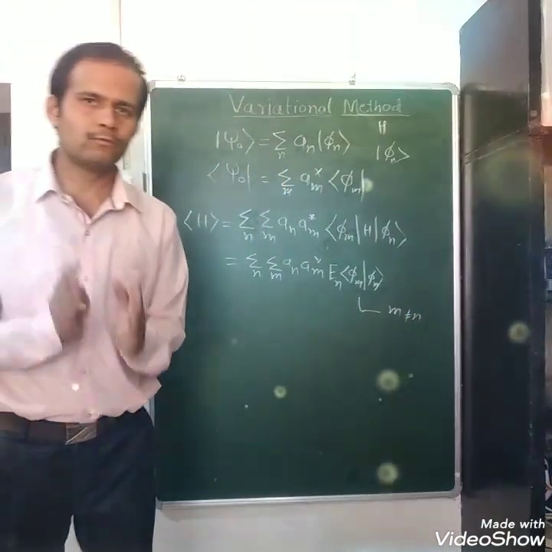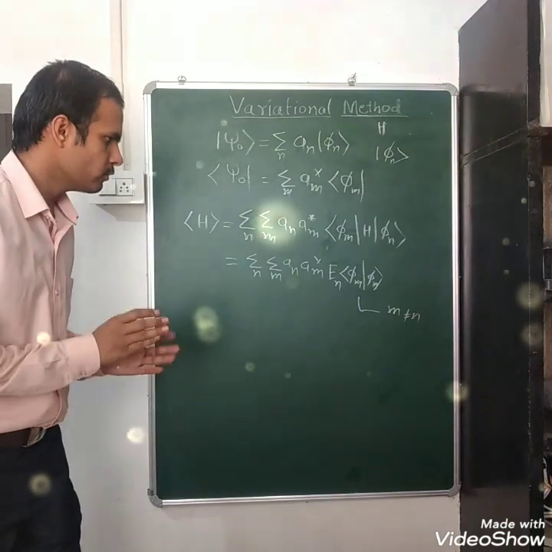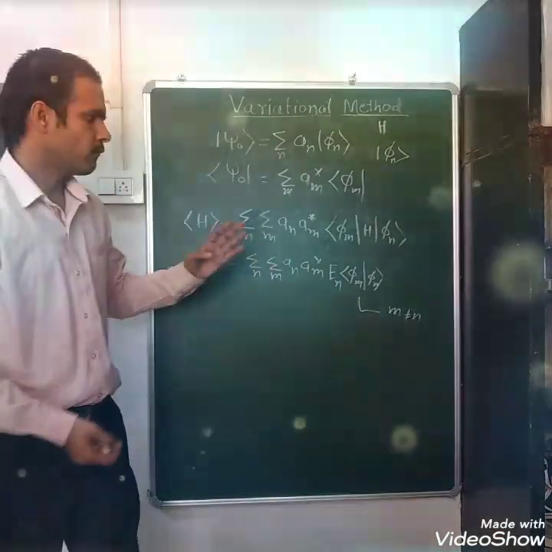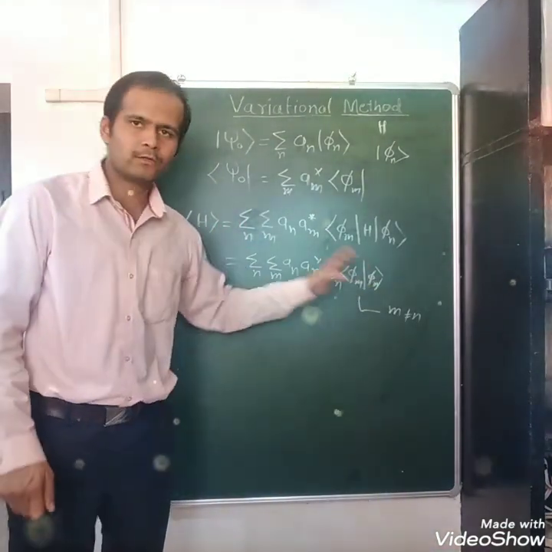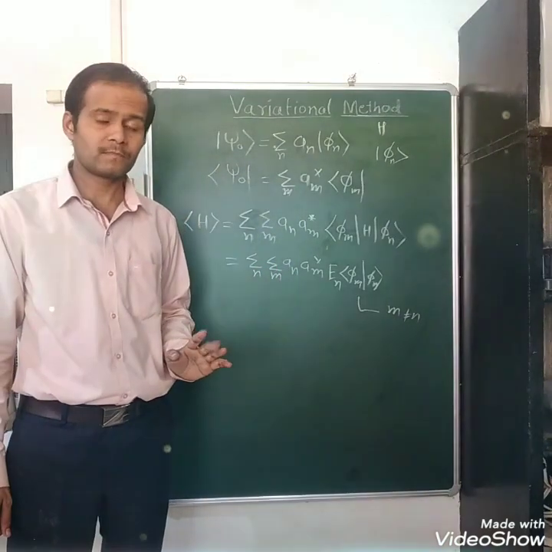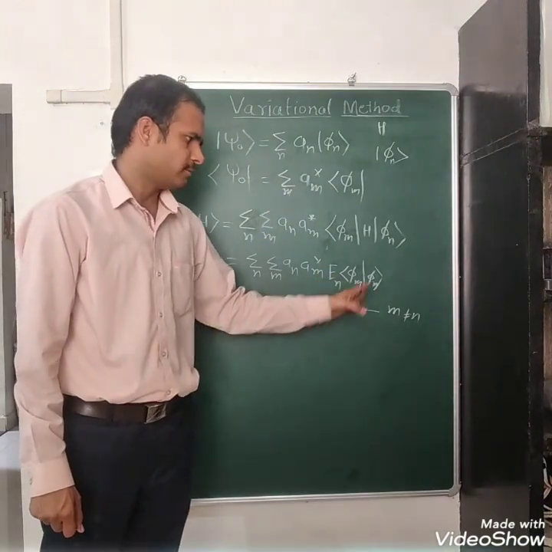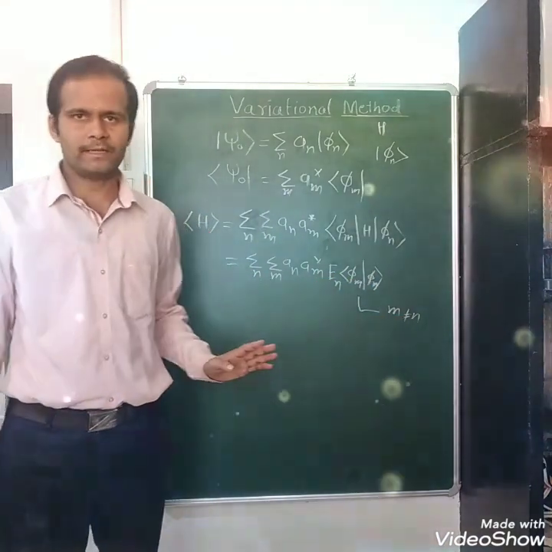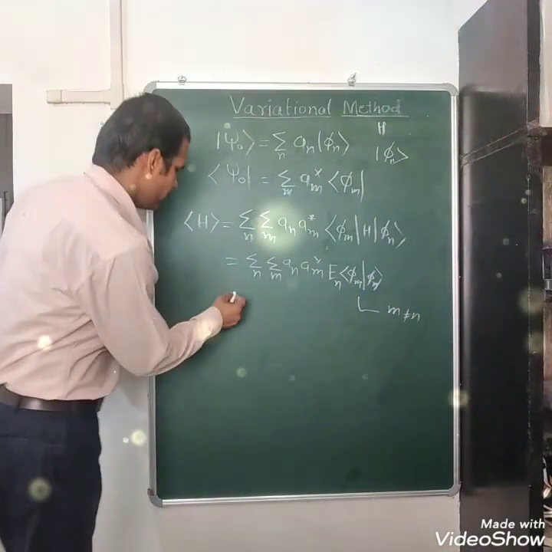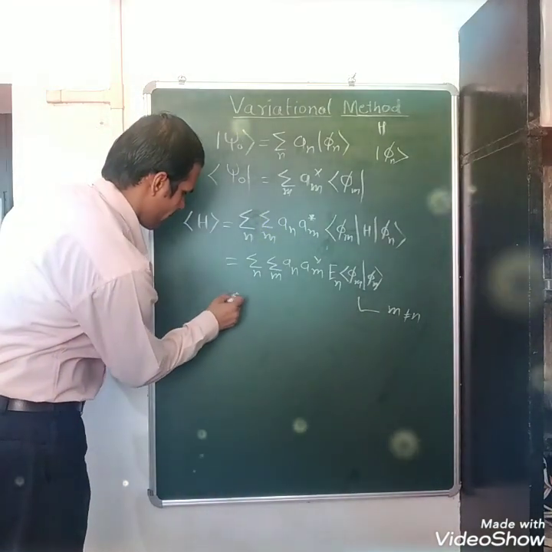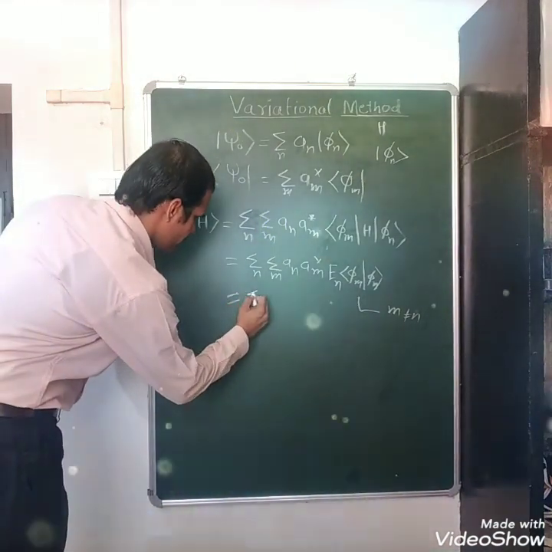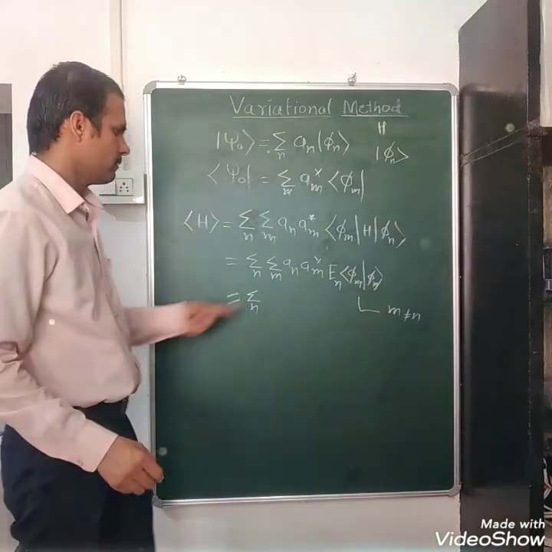So we have to take only those values for which m is equal to n, because all the terms where m is not equal to n will vanish. So we can write this as summation over n.